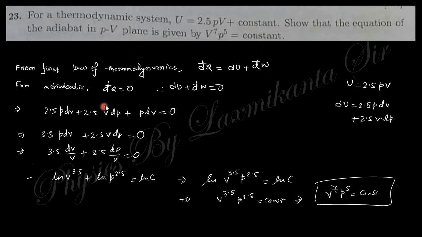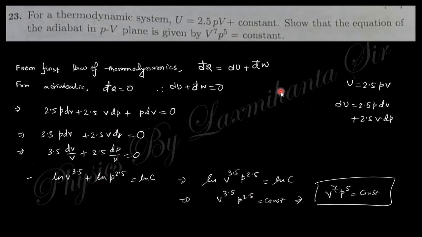For adiabatic, dQ equals 0, so dU plus dW equals 0. You put this value of dU, U equals this one, take the derivative, rearrange, and then integrating, you will easily find this relation.